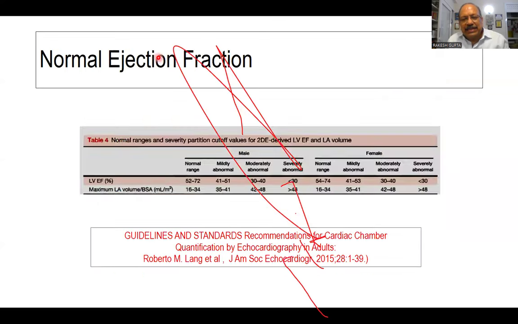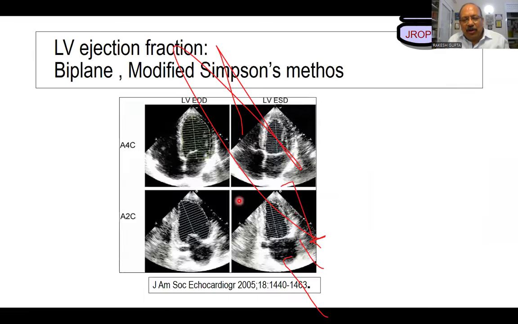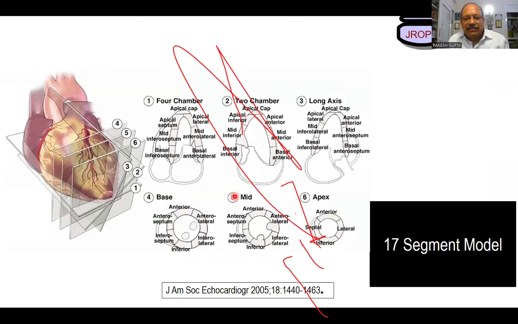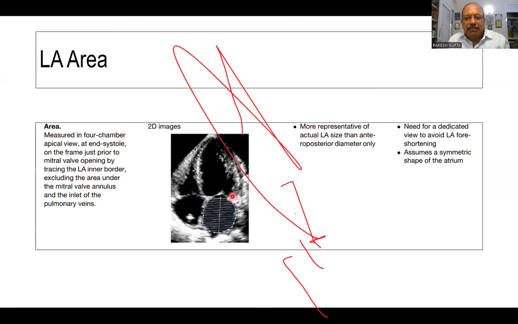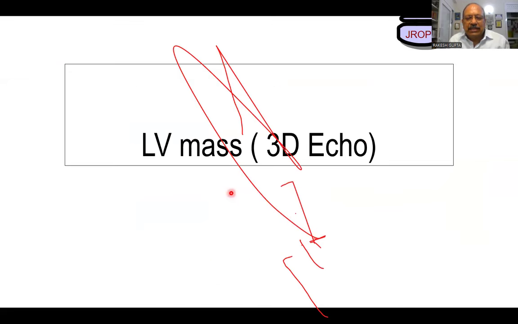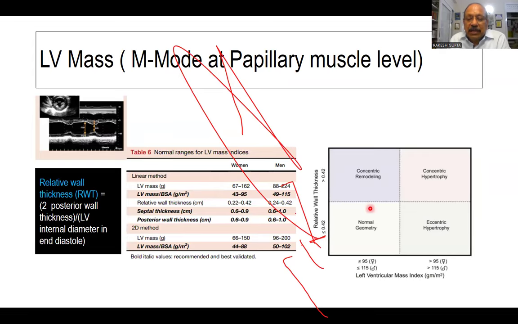So I get a reasonable RWT as well as LV mass. Based on these two important things we come to a conclusion in this diagram. If my relative wall thickness is 0.42 or less, and my LV mass is less than 95 in females, less than 115 in males, then we consider it as normal LV geometry.